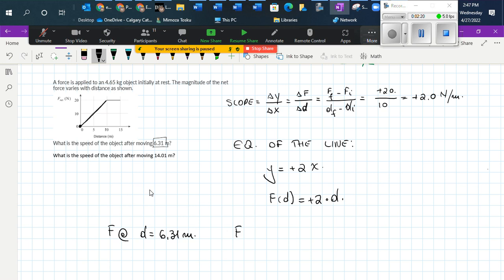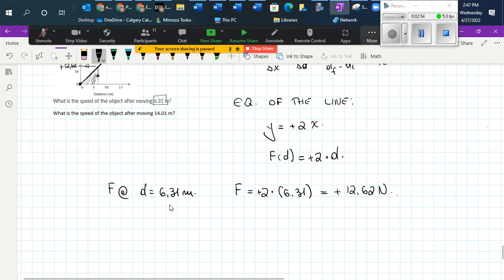So we'll substitute: positive 2 times 6.31, and this will be positive 12.62 newtons. So 6.31 is somewhere in here, and the magnitude of the force is positive 12.62 newtons.